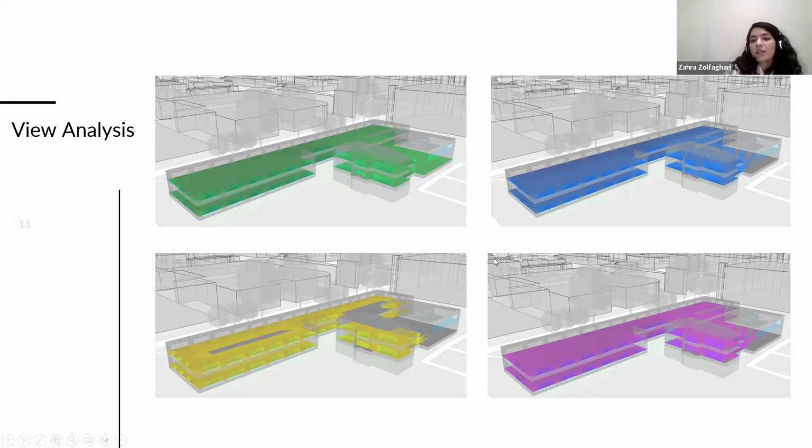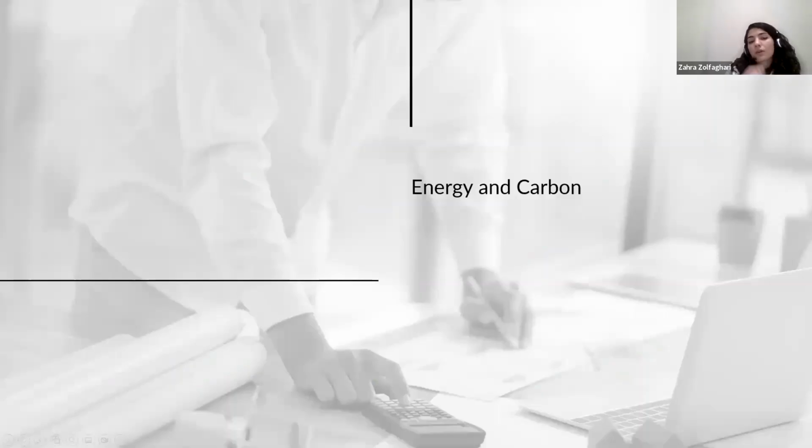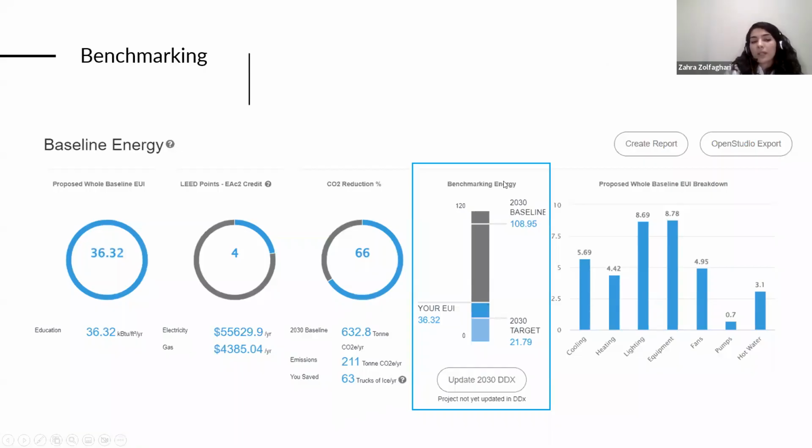For the energy and operational carbon part, I first set a target with the design team based on the baseline and the benchmarking table with high and low EUI range. So again, the first time you open the baseline energy page in cove.tool, you get all the code minimum inputs populated in the page, and you will see a baseline EUI, energy use intensity, based on all those code minimum inputs.